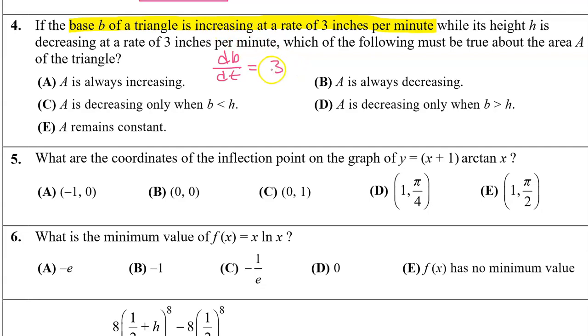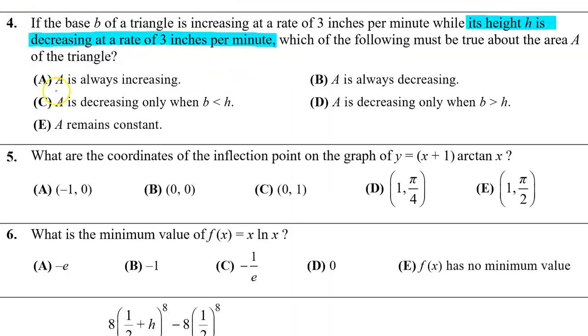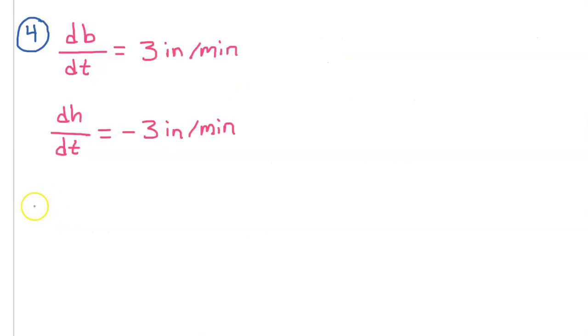Because it's increasing, it's positive 3 inches per minute. Okay, so we have that written down. What else? We are told that the height h is decreasing at a rate of 3 inches per minute. In other words, dh/dt is equal to negative 3 inches per minute. Let's write that down. So these are the two facts that we are given, the two rates that we have.